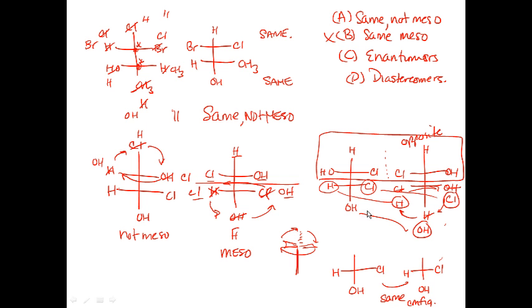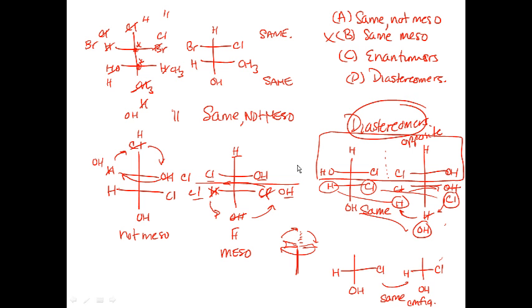And so now I have a molecule where one of the chiral centers had opposite configuration, and the other chiral center had the same configuration. And so what does that make the relationship between these two? It makes them diastereomers.